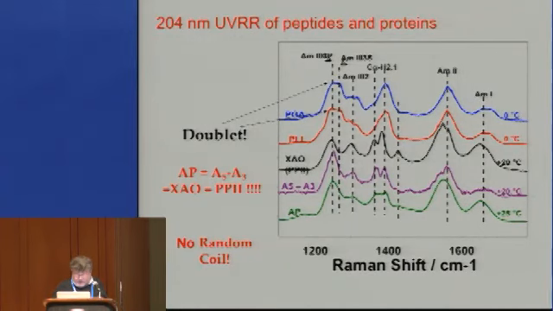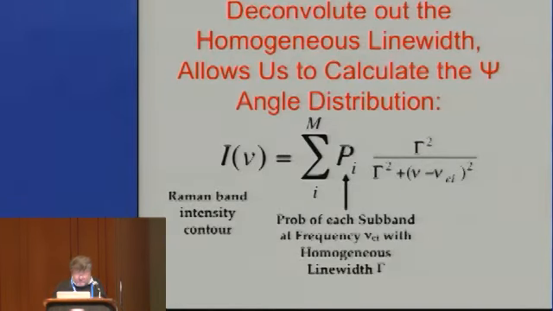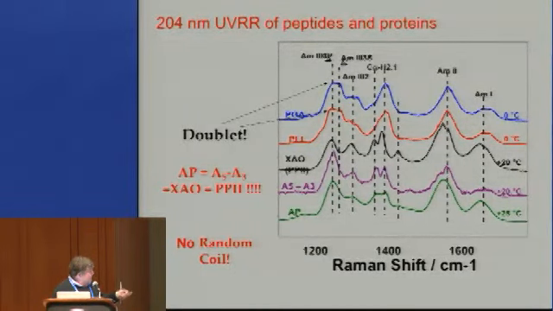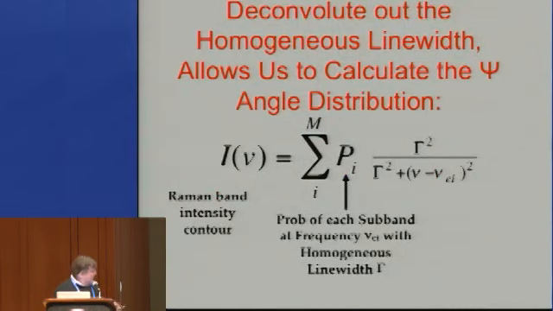Okay. Well, we have a correlation of amide 3 frequency and psi angle, and so we have spectra that are inhomogeneously broadened. They have extra conformation, but yet we know how to correlate those. We also have measured for single crystals what the homogeneous line width of this vibrational mode is.